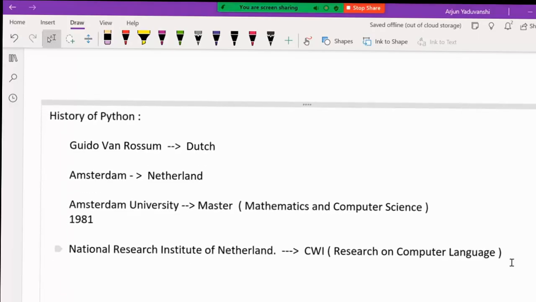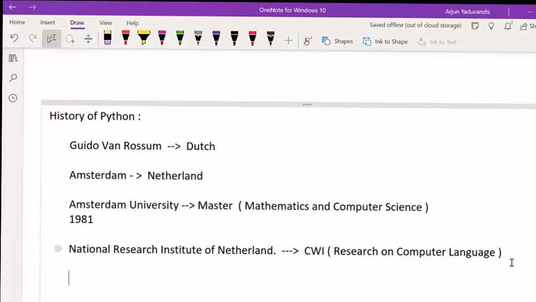Now, as he comes from a computer background, with a master's in computer science, he joined as a research analyst in this research team, which was developing the programming language. Now, at that time in the 80s, there was a trend. Every country wanted to have their own programming language.